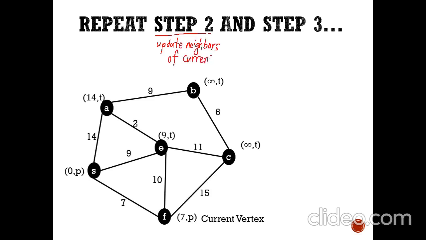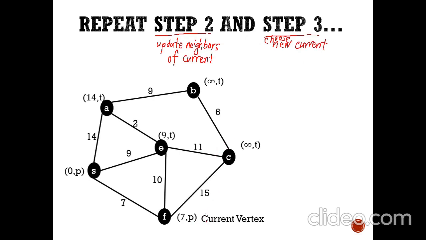And step 3 is we choose the new current vertex. So let's apply step 2 and step 3 repeatedly until all the vertices are permanent.